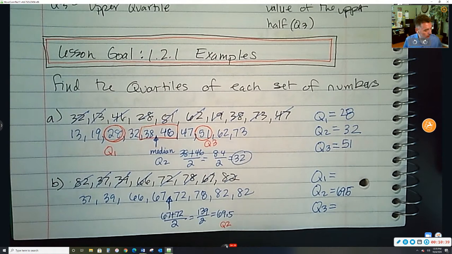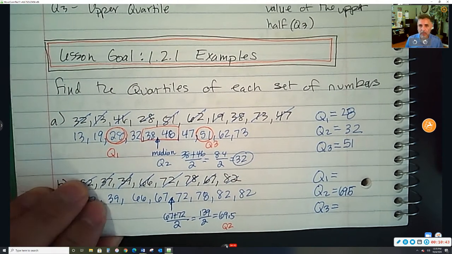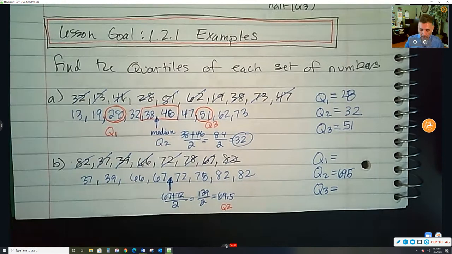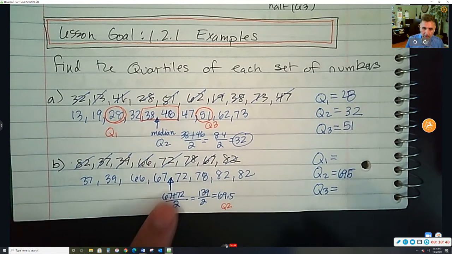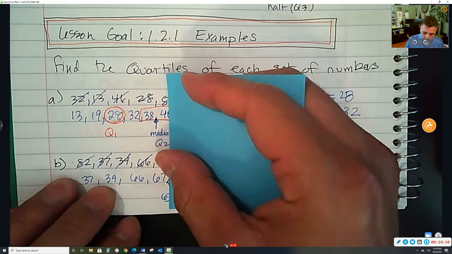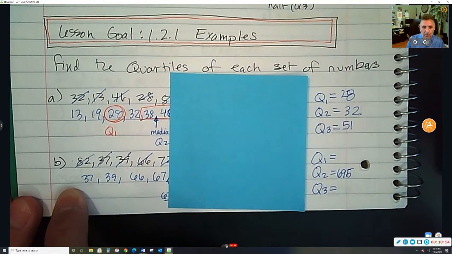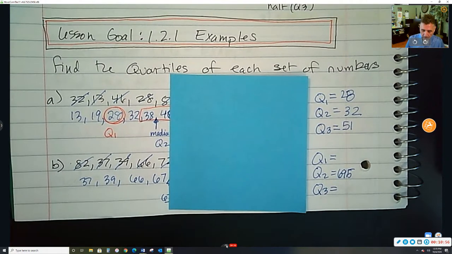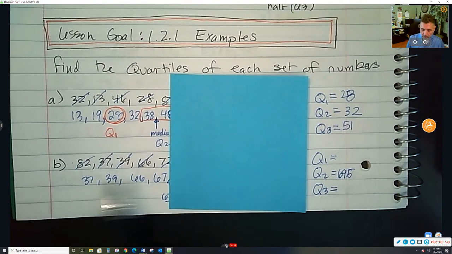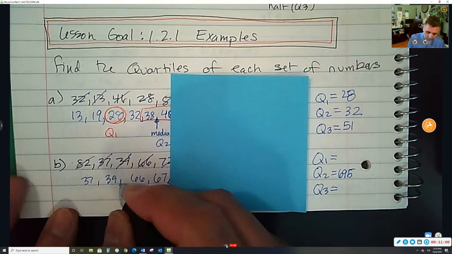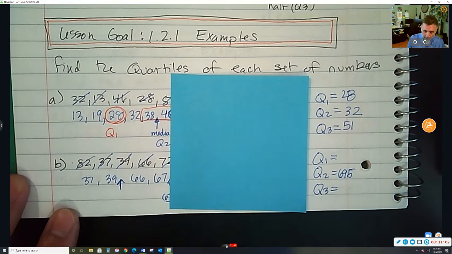Now I need to look at the lower half of the numbers. Just the lower half. So if this is the middle, I know these are the lower half. Now there's 4 numbers here. Okay, so it looks like this is the middle.